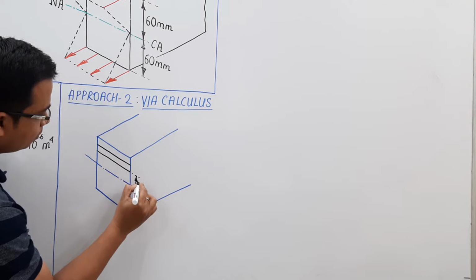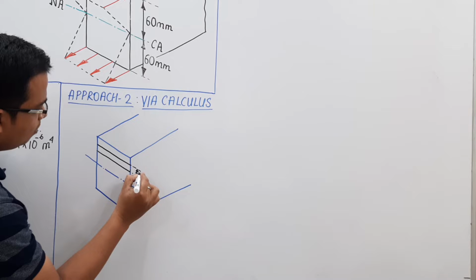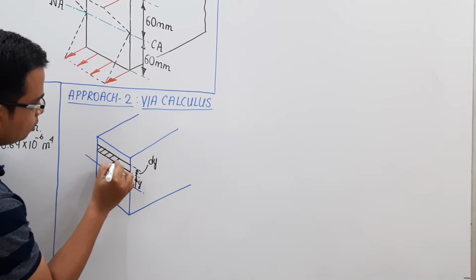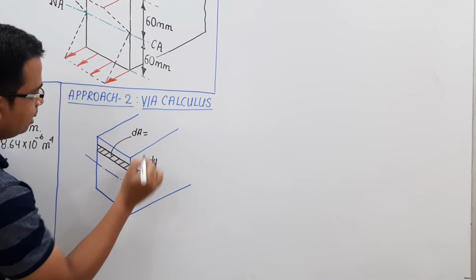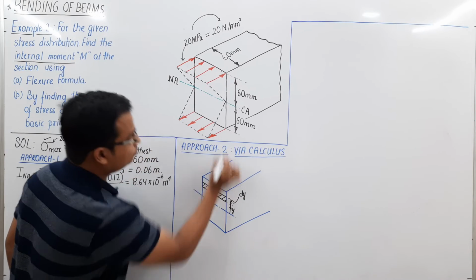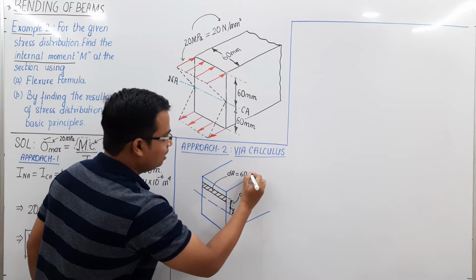At a height y, I've taken this very small element. This is dy, and because of that there is going to be some corresponding area. That area is going to be dA. How much is this distance? 60. So dA can be written as 60 times dy.